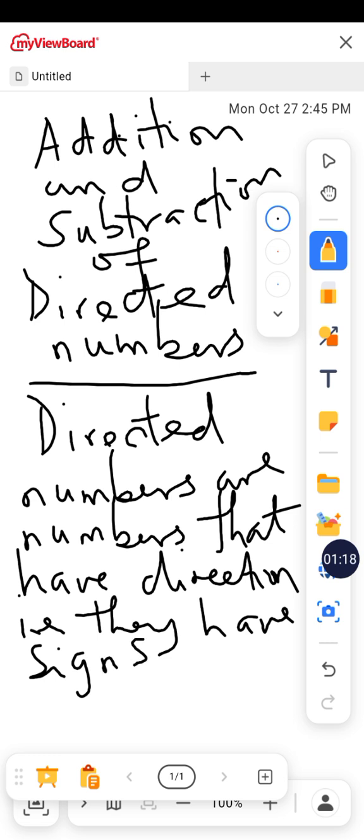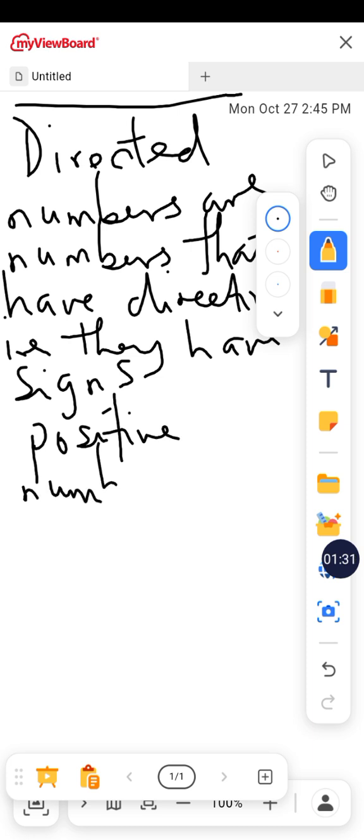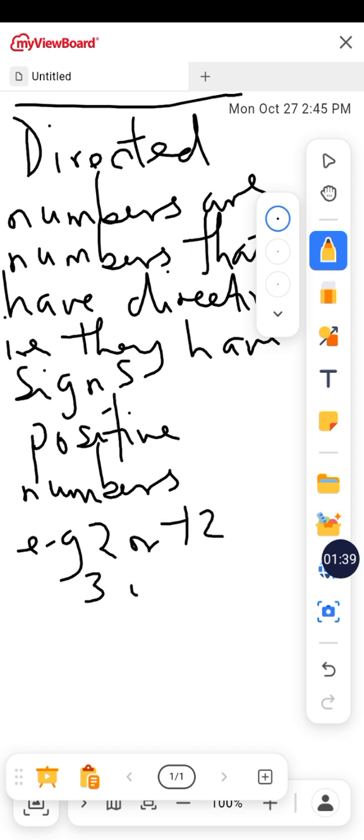So numbers that have signs in their front include positive numbers. Examples of positive numbers: 2 is the same thing as plus 2, 3 is the same thing as plus 3, 4 is the same thing as plus 4.